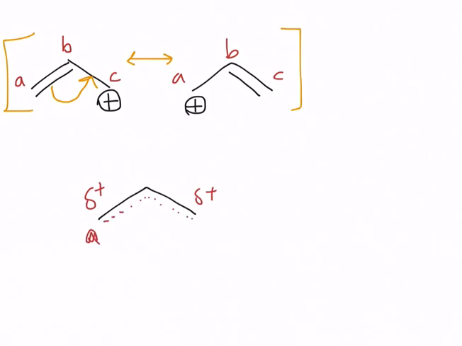So pi electrons are distributed between A, B, and C, all three carbon atoms, and the positive charge is distributed on carbon A and carbon C.